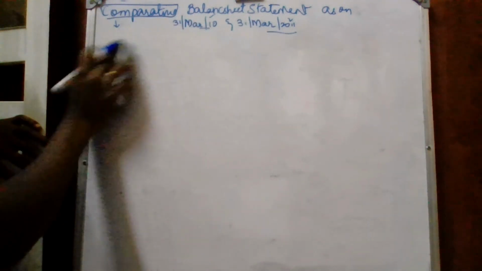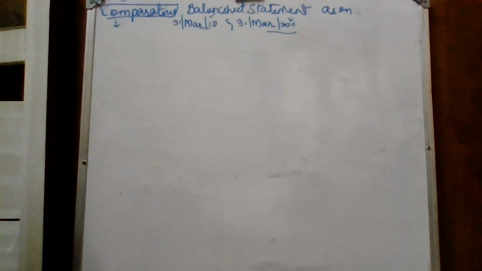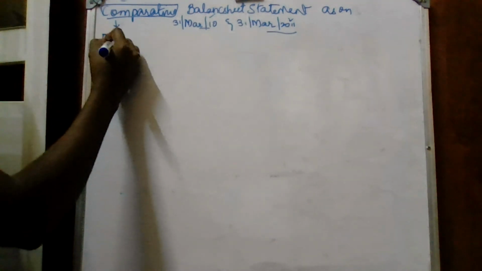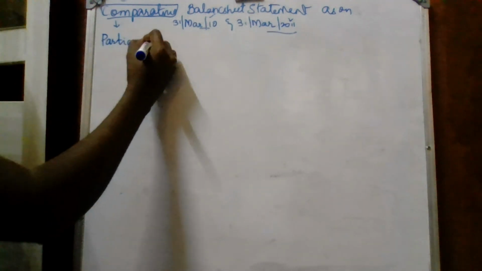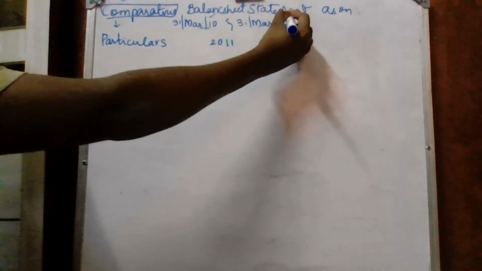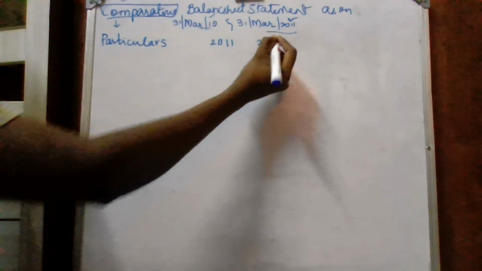Now in the given question, first we have to classify. As soon as the question is given, please classify it into assets and liabilities. First, share capital, it is a liability. We will write down the format. Particulars, 2011. You always write the present current year first and then the previous year.